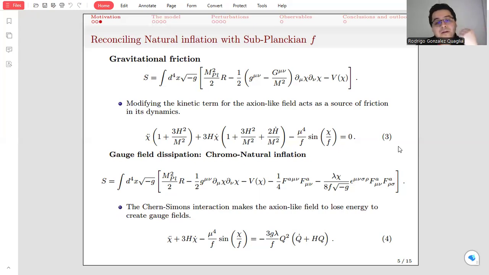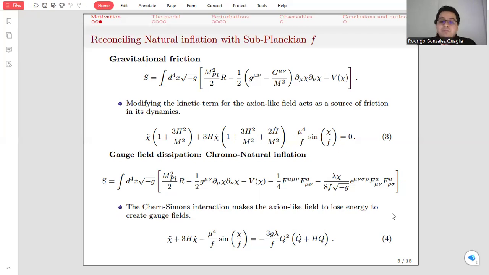Another option is what we call the gauge field dissipation. This is typically encountered in models like chromonatural inflation. The chromonatural inflation model is characterized by the presence not only of the axion field, but also the presence of non-Abelian gauge fields and the interaction between the non-Abelian gauge fields and the axion field via the Chern-Simons interaction term, which is this last term in the action.